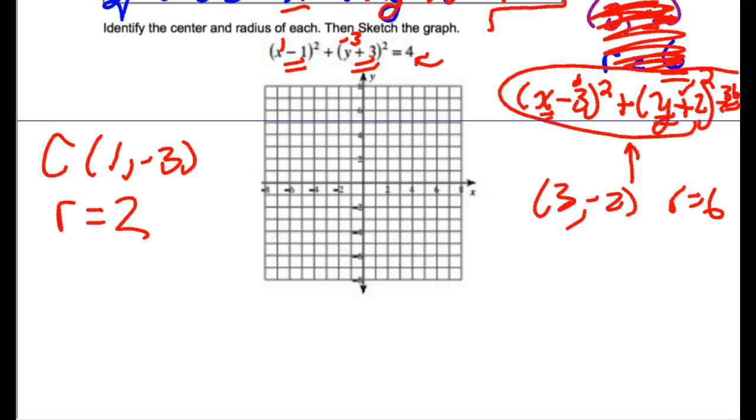And then I can just go graph it. My circle is centered at 1 to the right, 3 down. So there's the center of my circle. It has a radius of 2, so the easiest thing to do for that is go up 2, right 2, down 2, left 2, and do your best to draw the circle.